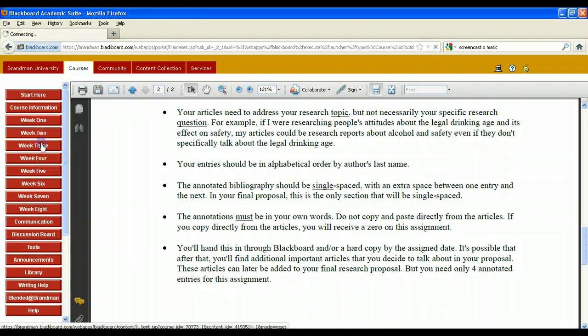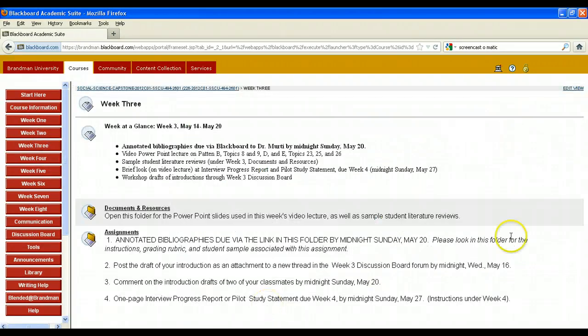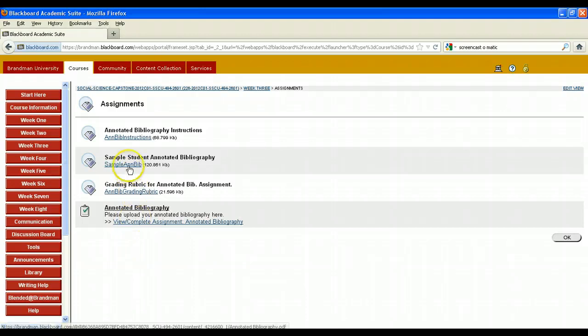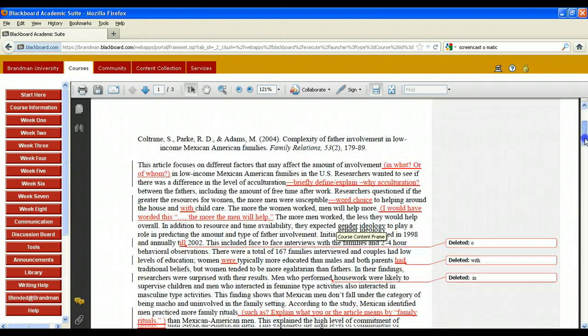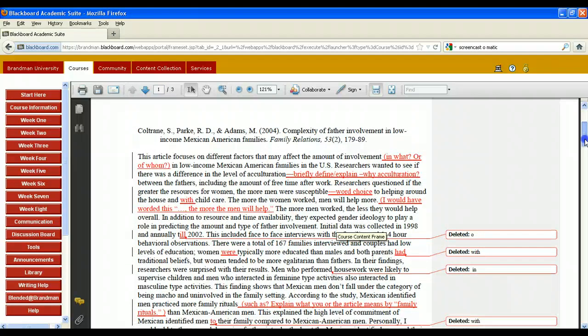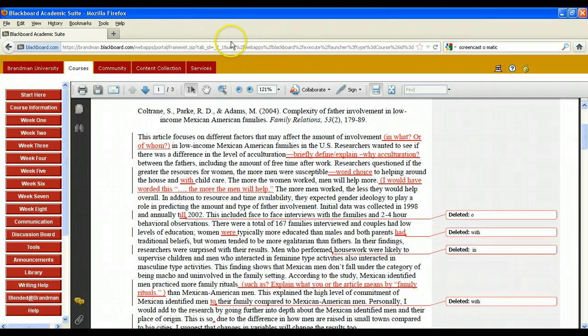Okay, going back to week 3, let's see what this looks like. This is a sample annotated bibliography from one of my students in Fall 2 Capstone. See here that the reference information comes first in APA format.